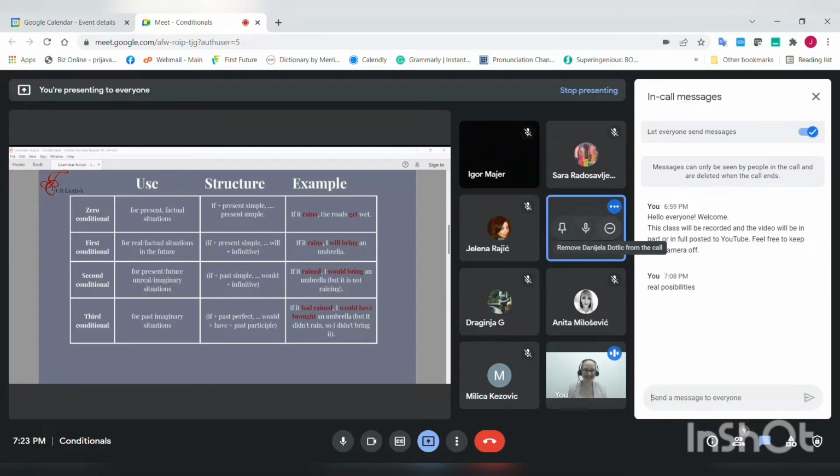Draginja? If I were in New York, I would have driven on Golden Gate. I think Golden Gate is fine. However, instead of if I were in New York, we will use if I had been in New York, because this is completely in the past, right?